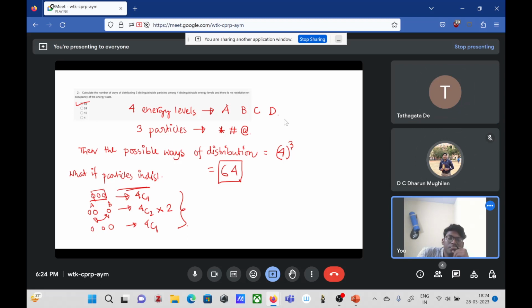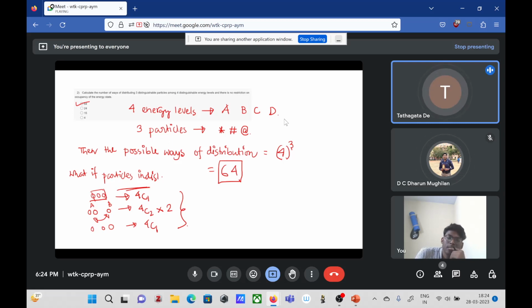Please continue, we are going in the right way. The number of outcomes is 4. That is the energy levels, and the exponent comes with respect to the 3 particles.